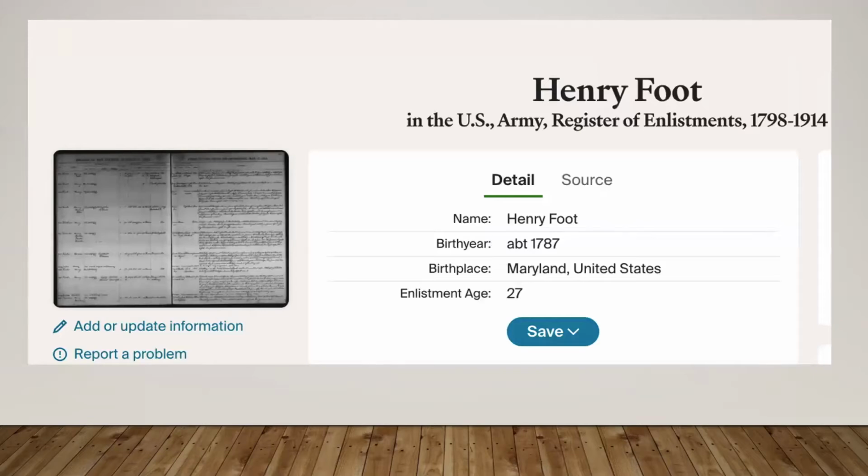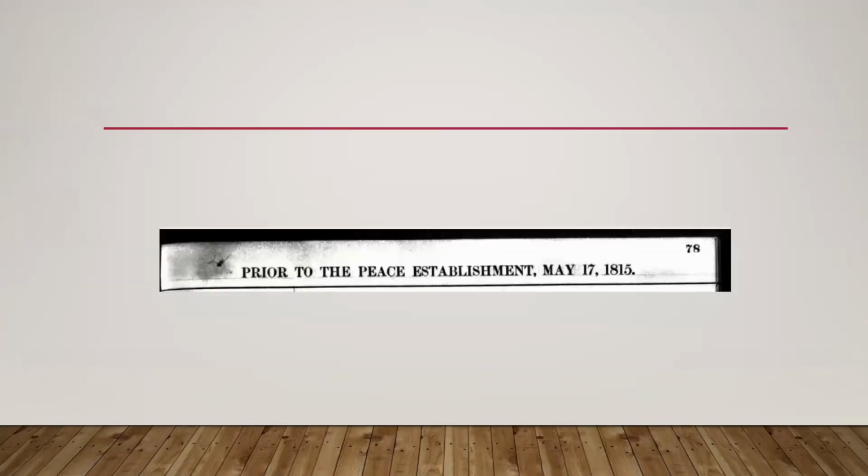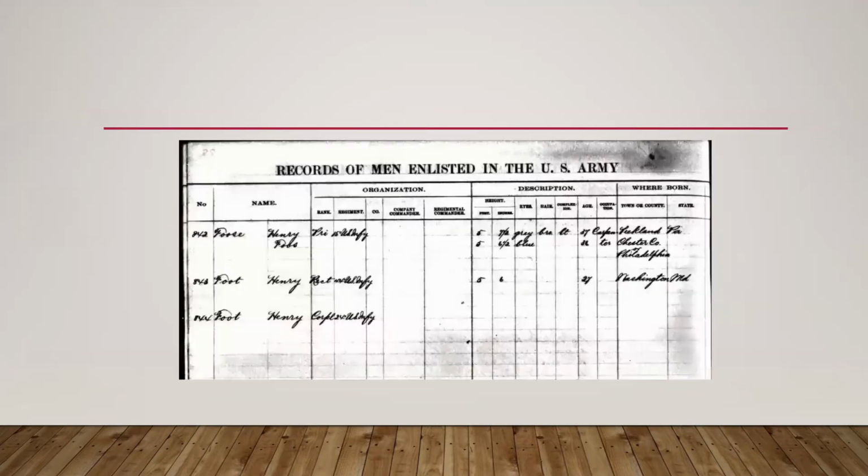And we click on that, and then we click further, and what we're in is the peace establishment that ends May 17th, 1815, and we get to the page. Now these pages are on two sides of a ledger, so this is one side, and here we see Henry. He's the second entry.